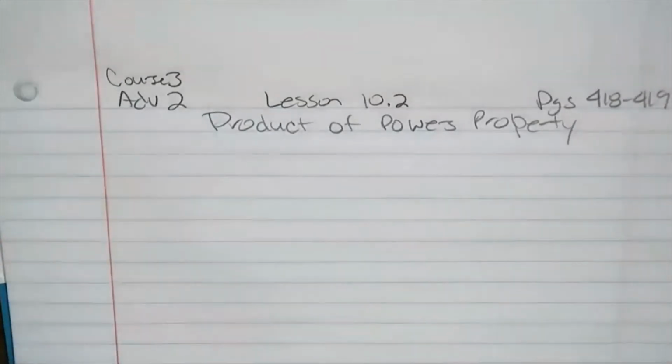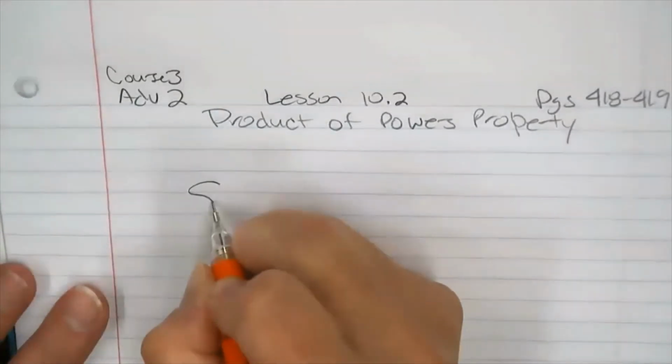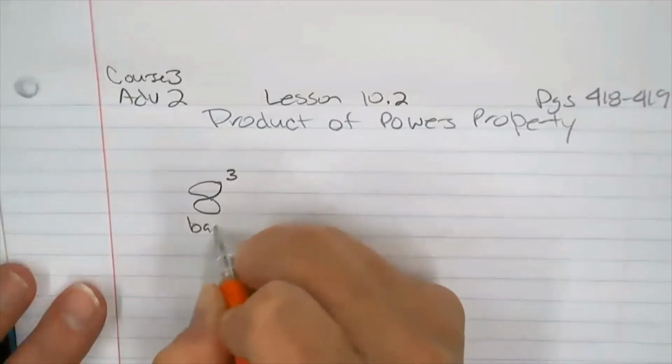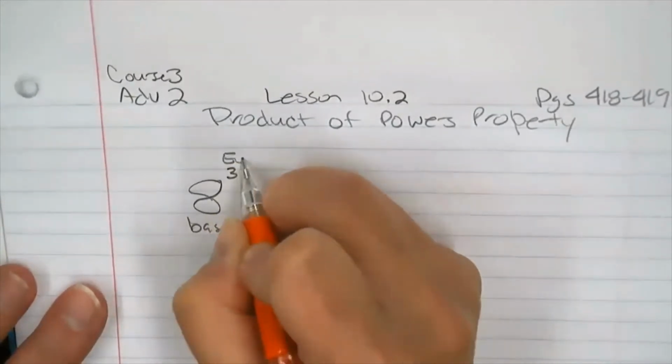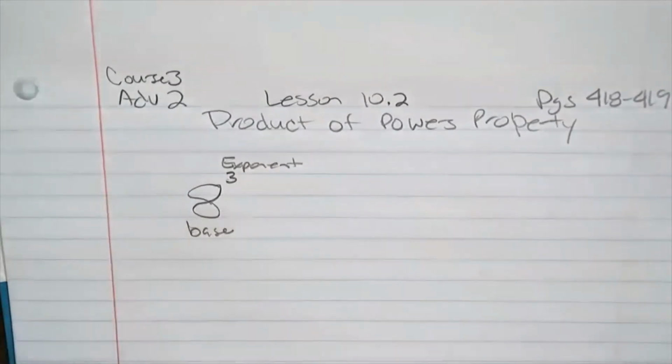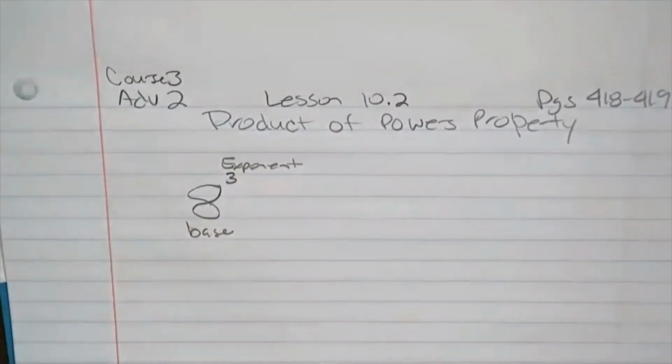So let's talk about what we know so far about powers and exponents. We know that this is the base and this is the exponent. And the exponent tells us how many times we're using the base as a factor.